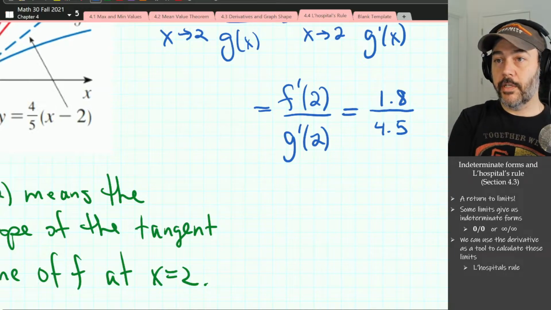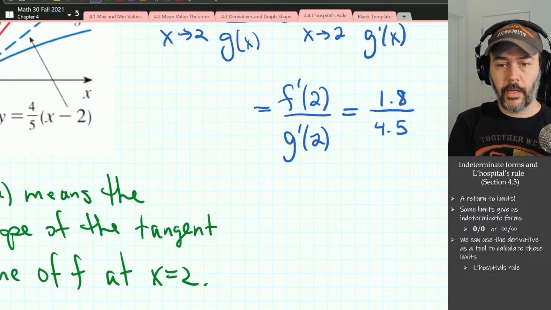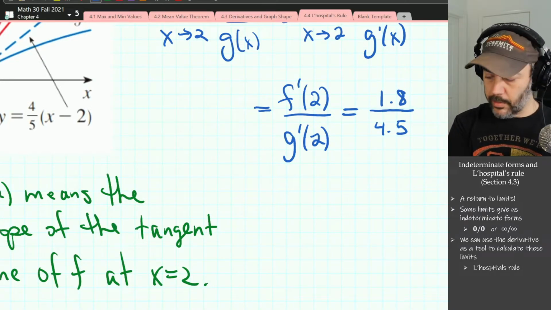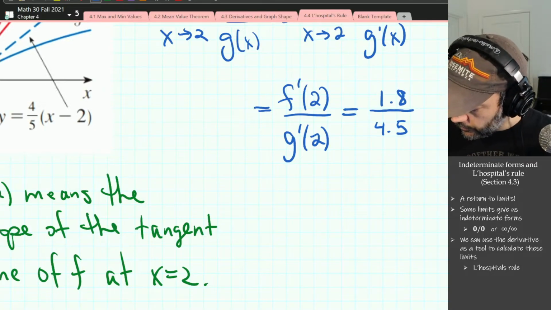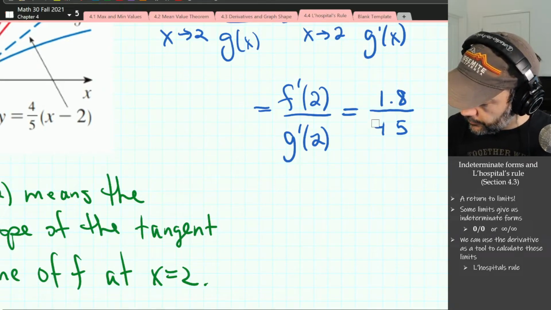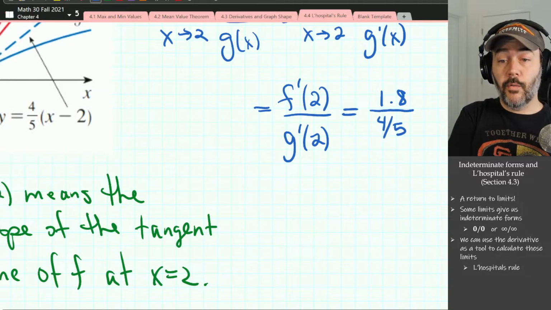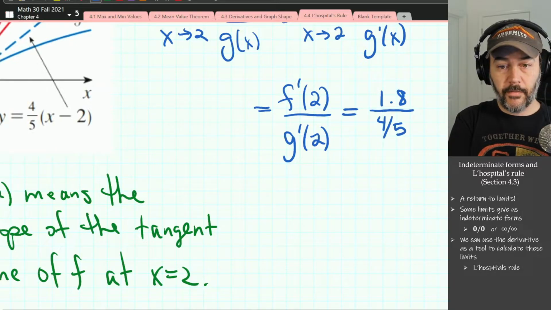And I'll just off screen do a little Desmos scientific here, and I'll just do 1.8 divided by 4/5.